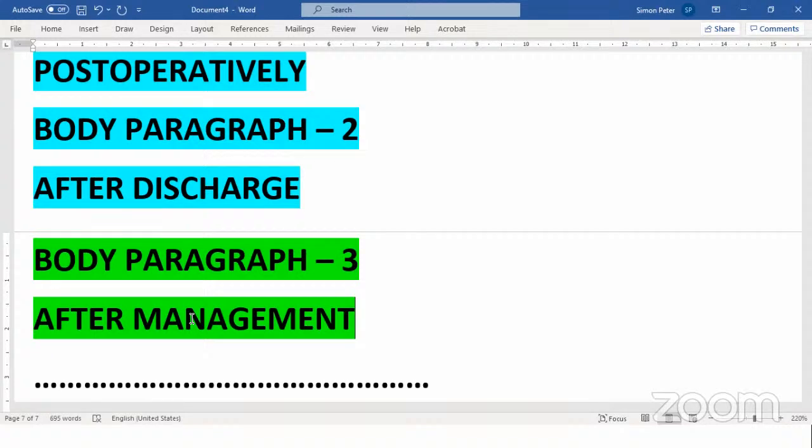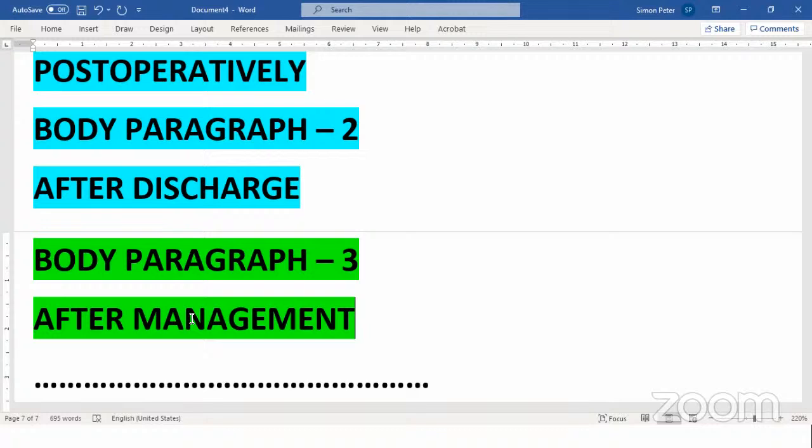Right, back is the key word. So they know about the patient's condition, everything. So already they know. Why do you want to write? So don't write all those things. Directly start with post-operatively. After discharge, what happened? No need to say admitted.